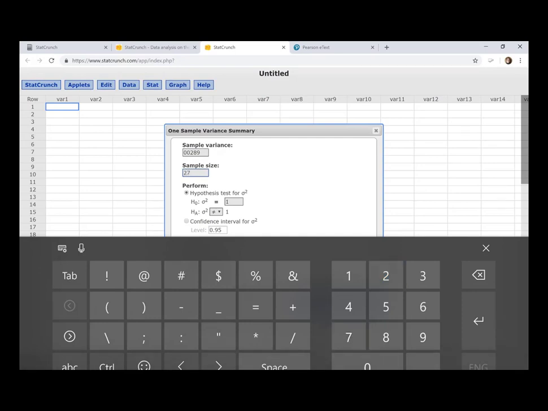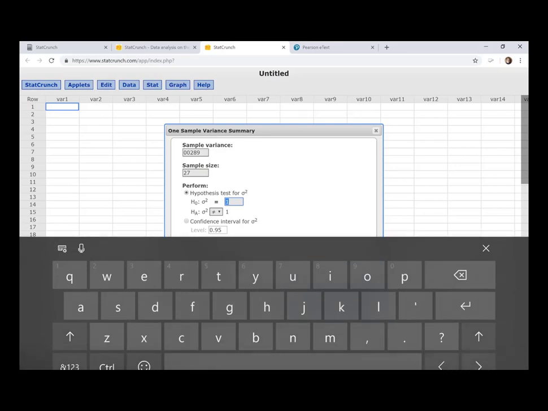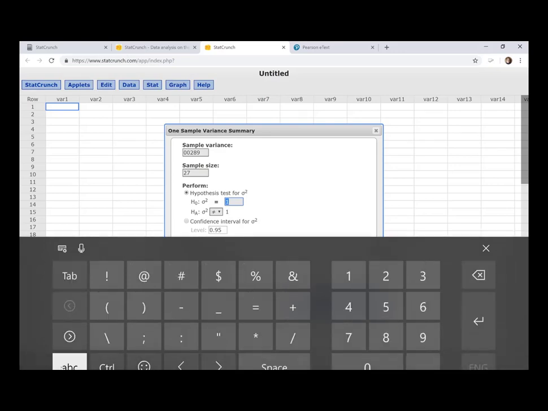Now, notice what we have next is our hypothesis test. That's what we want, but we need to change that number there. So we want to put in our 0.15 squared, which is going to be 0.0225.